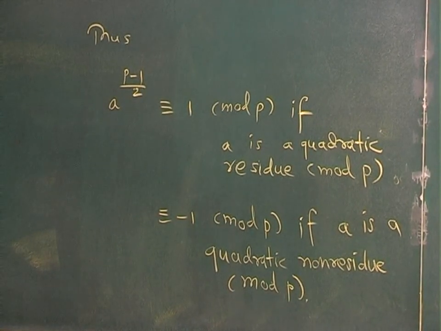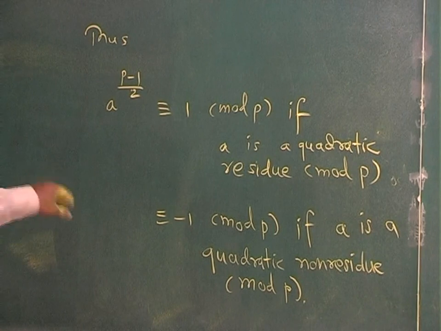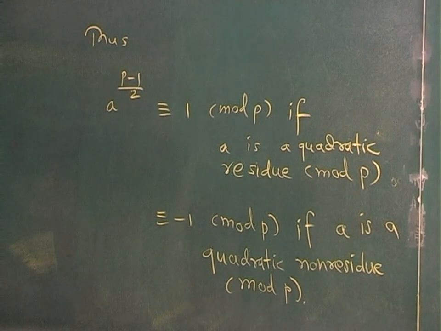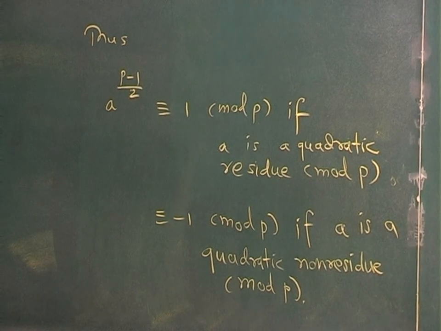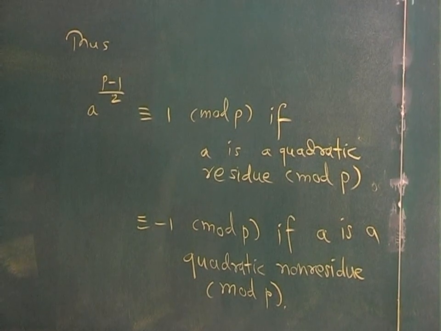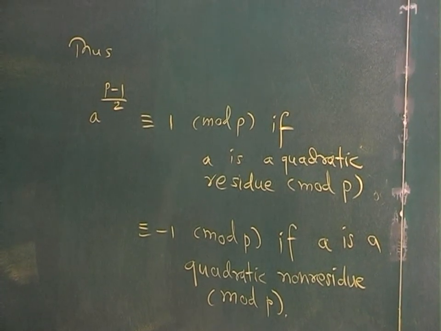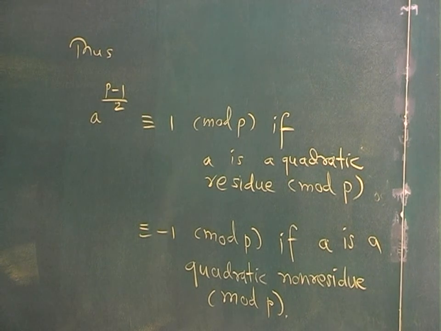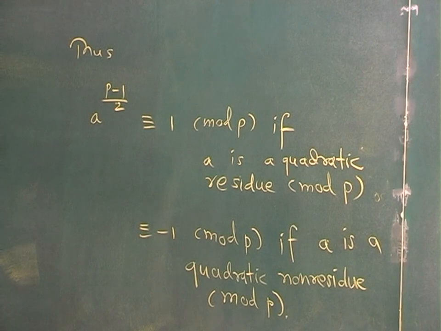And here you may say this is a complicated criterion, that you have to find out a raised to (p minus 1) by 2, so a very big power. If p is large, then this is a very large power of a. But still you can understand that it is far simpler to carry out this a raised to (p minus 1) by 2 as compared to listing all the squares and then seeing whether your number a is congruent to one of these squares.